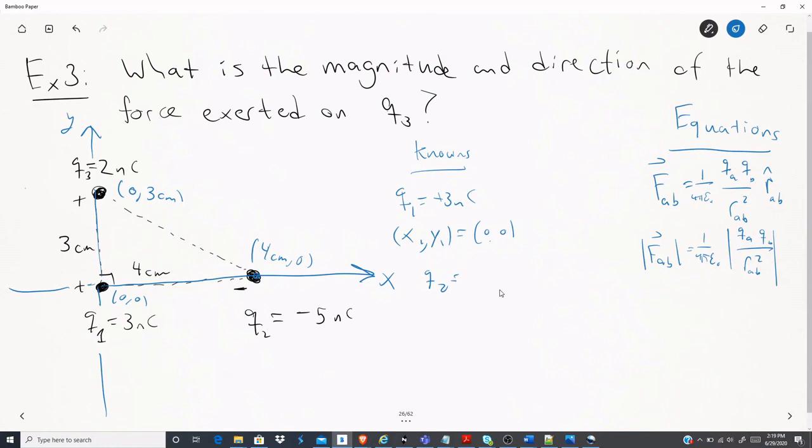I know that charge 2 is negative 5 nanocoulombs with an ordered pair of 4 centimeters, 0 centimeters. And charge 3 is positive 2 nanocoulombs with an ordered pair of 0, 3 centimeters. So I know what all the charges are and where they're located. Okay. What are my unknowns?